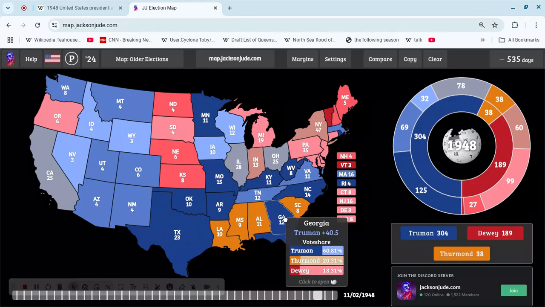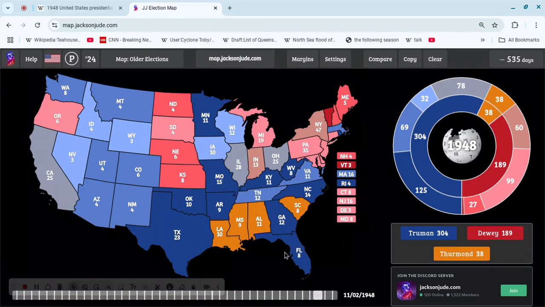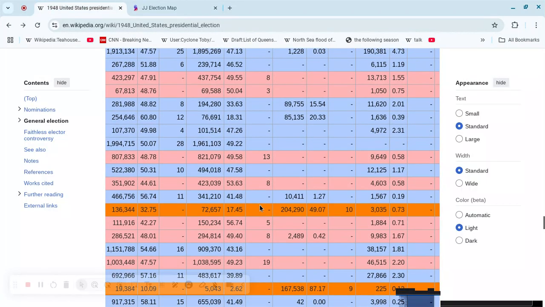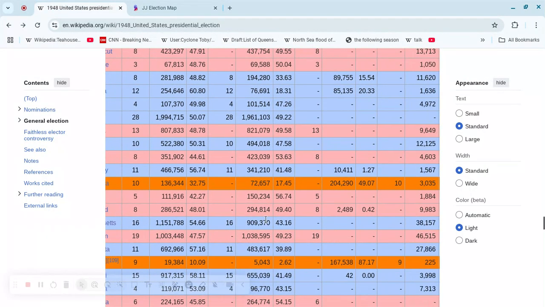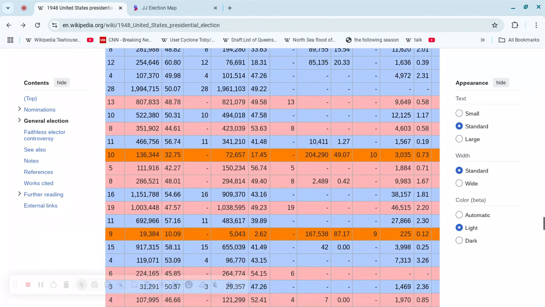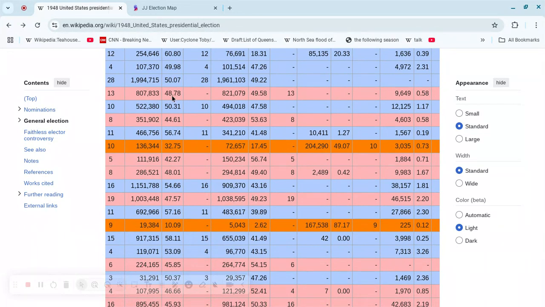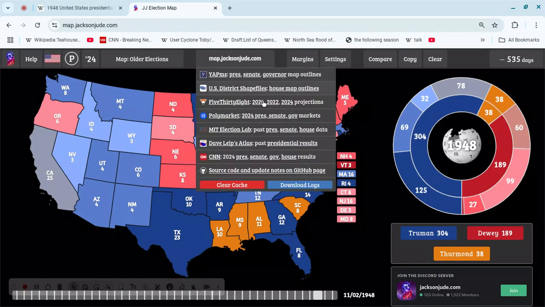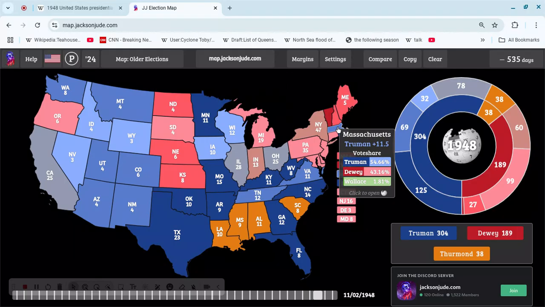Looking at the state of Massachusetts, that was already pretty comfortable in favor of him. I guess since this could wind up mattering, I will put it down. Massachusetts is now won by Truman by 13.3.